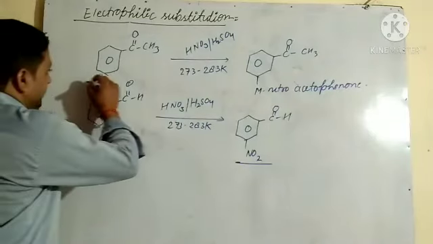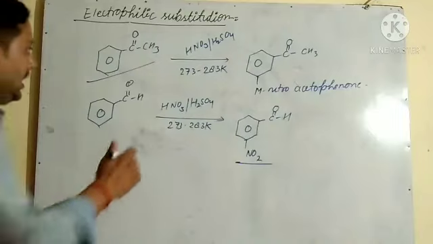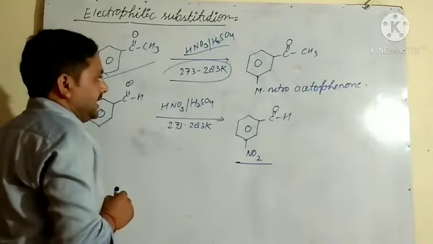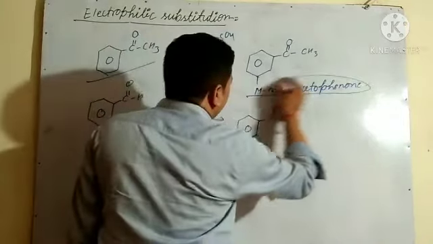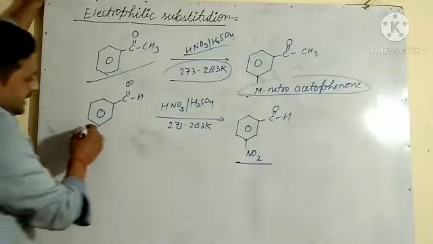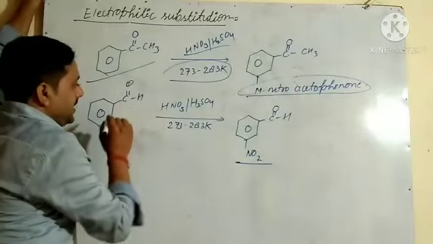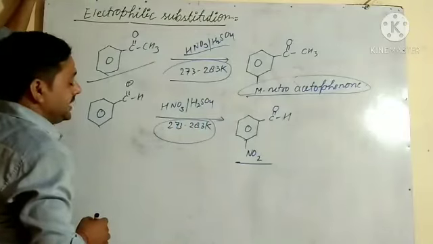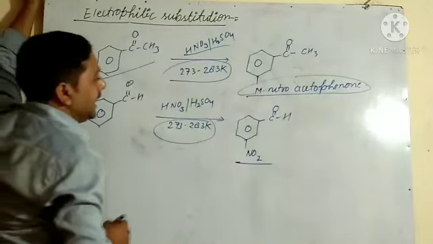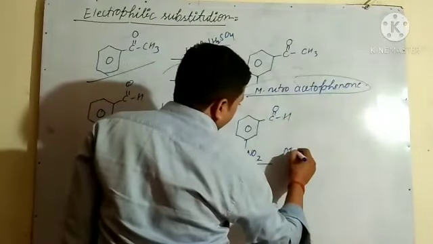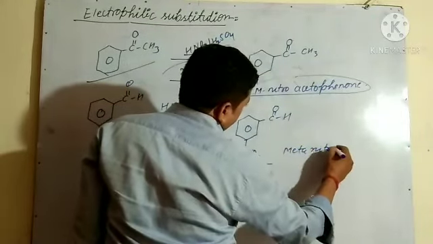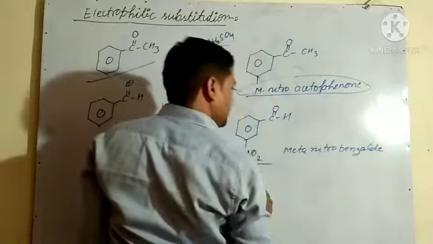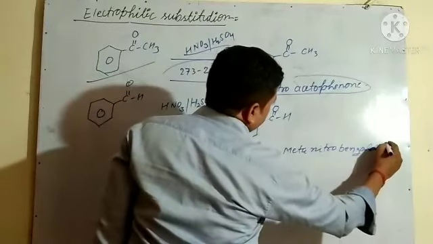I have taken acetophenone. When acetophenone reacts with HNO3 and H2SO4 at temperature 273 to 283 Kelvin, it forms meta-nitroacetophenone. When we take benzaldehyde and it reacts with HNO3 and H2SO4 at 273 to 283 Kelvin, it gives meta-nitrobenzaldehyde.